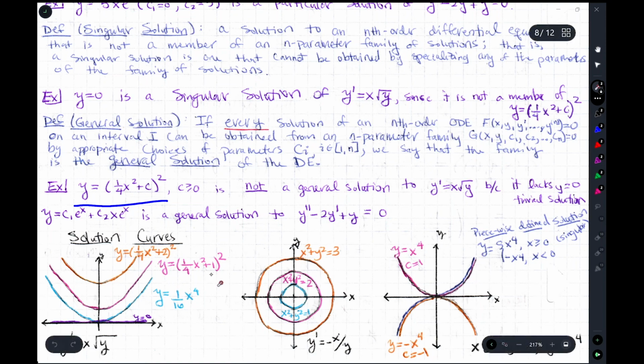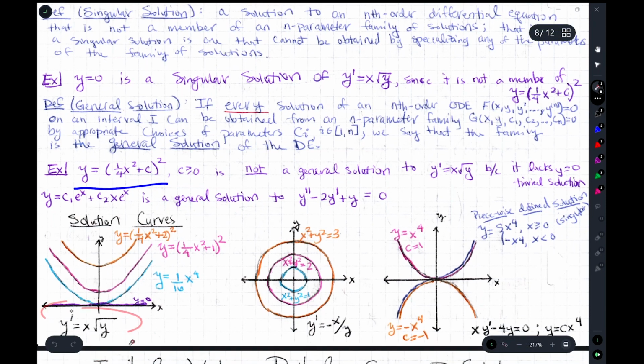We talked about the family of solutions for the differential equation here. We talked about that family. And we could fix that constant c, okay, to 0, and we get the solution here. When we plot that solution on the xy plane, it's called a curve, and so we get a solution curve.